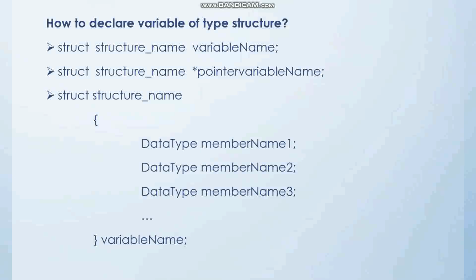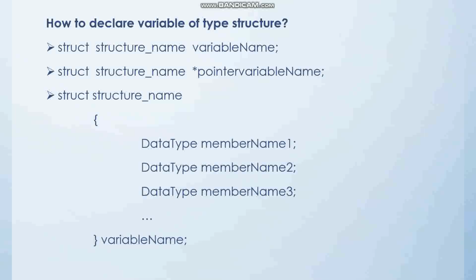In the next point, struct structure name asterisk pointer variable name. So I am declaring a pointer variable here. The third way to declare a variable of type structure: after declaring the structure, means struct structure name and the variables of different data types enclosed within the curly brackets, immediately after the closing curly bracket I will declare the variable of this structure by giving the variable name, then I will put the semicolon here.